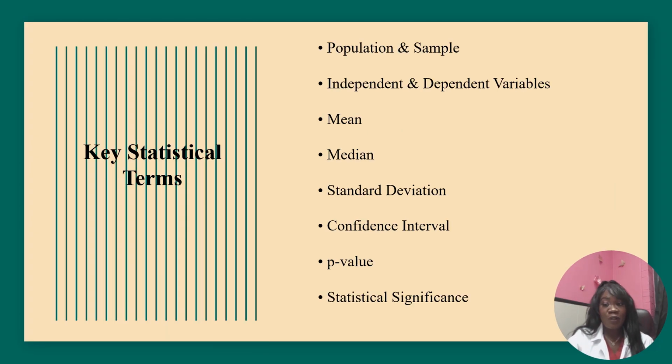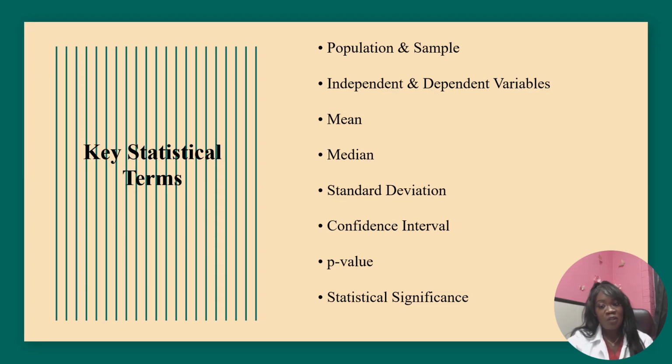Several statistical terms are important when planning a DNP project. The population is the larger group of interest, while the sample is the smaller group from which the data is actually collected. The independent variable is the intervention or practice change, and the dependent variable is the outcome that is being measured. The mean represents the average, while the median represents the middle value.